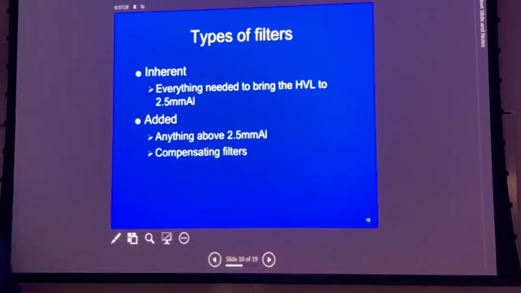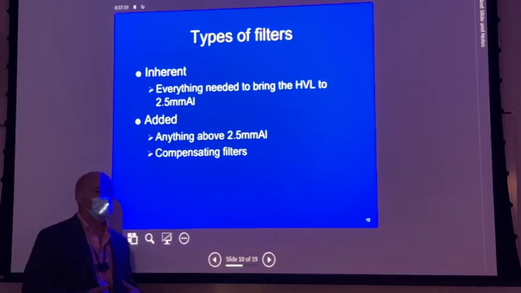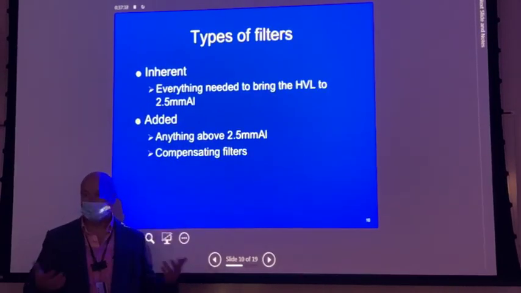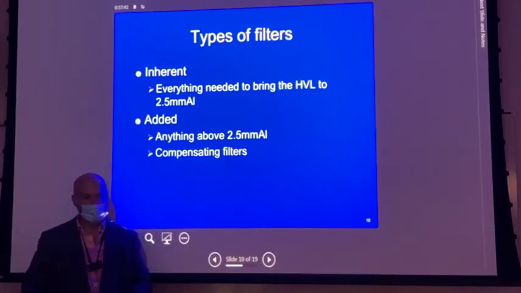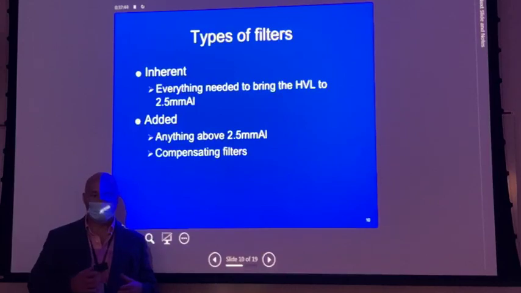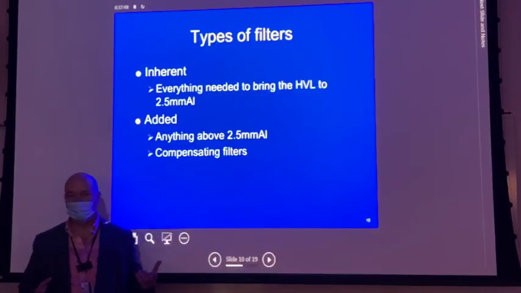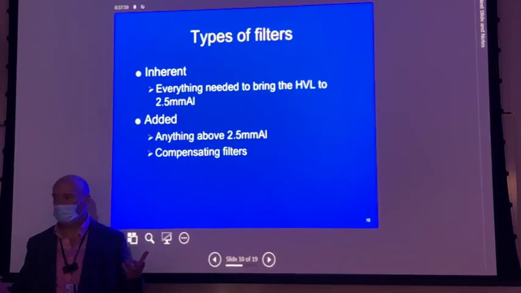So compensating filters, a lot of different types of them, compensate for differences in tissue density most of the time. Ever noticed on a shoulder? Probably not, but back in the day when we used film, you had to shoot for where the pathology was. They had these shoulder filters that they called boomerang filters. You know what a boomerang looks like, right?